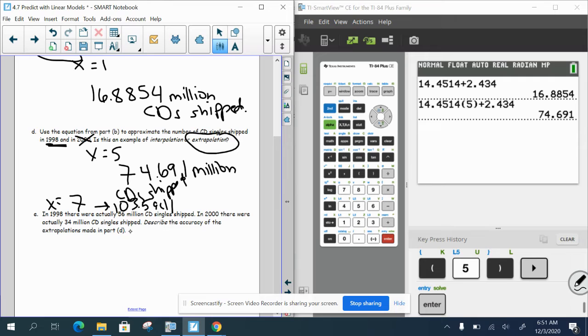Describe the accuracy of the extrapolation made in part D. Well, it's not very accurate because you don't know what the trend was after 1997. And this is CDs shipped. So think about what was happening in 1998 to 2000 that would cause the number of CDs shipped to change. Personally, as I was growing up in that time, people were starting to listen to streaming music.